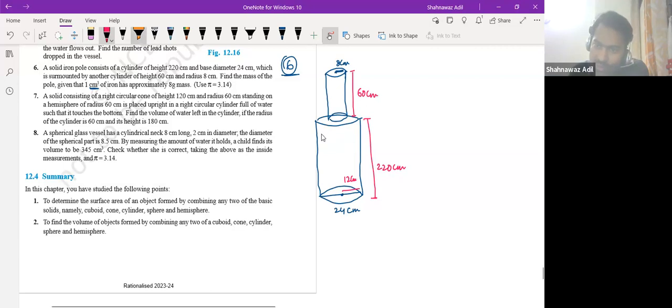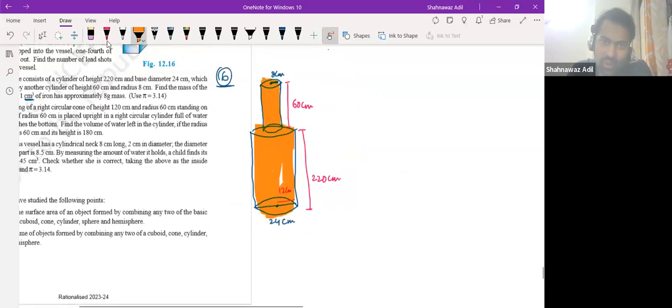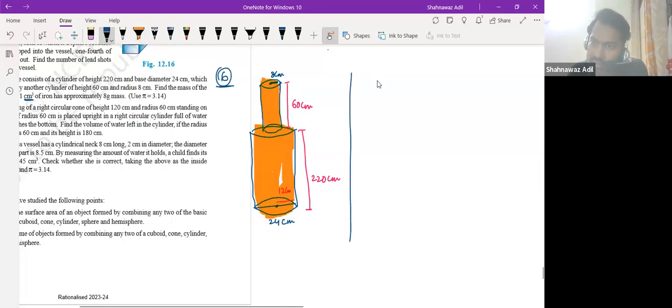So volume would be what? Total volume would be this volume and this one. This is the total volume of whatever is there. Right. So the total volume is cylinder 1 plus cylinder 2.